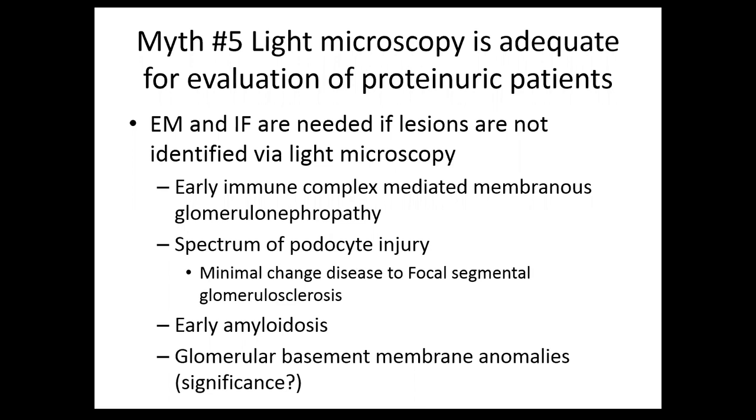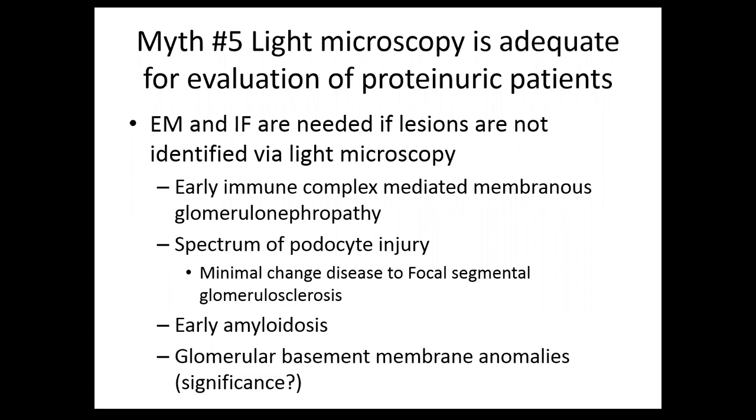And then on the flip side, light microscopy is often all we need for a patient that presents just with acute kidney injury. Because in general, if they only have acute kidney injury and no evidence of proteinuria, then we're probably going to be able to grade that degree of injury on a light microscopy specimen.